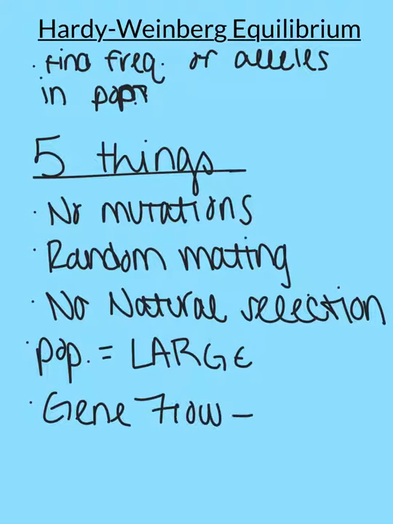So that means that there can't be anything like immigration, transfer of pollen, etc. So in order to use Hardy-Weinberg, all of these things have to be present in your population, or else Hardy-Weinberg is not a viable option to figure out your population frequency.